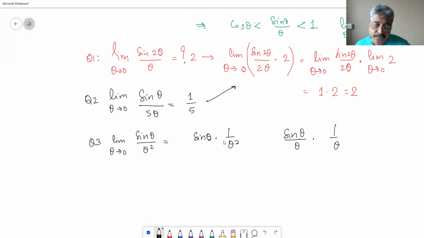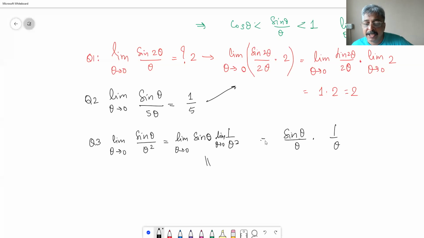And now, if you split it like this, limit theta tends to 0, and here again limit theta tends to 0, what will be the answer? In this case, let us try to find out.